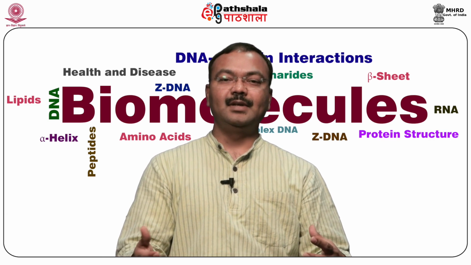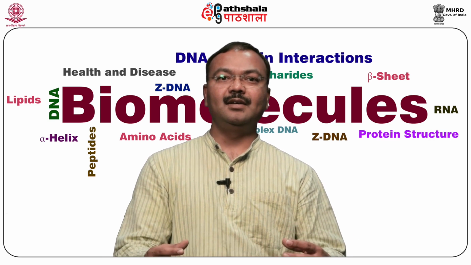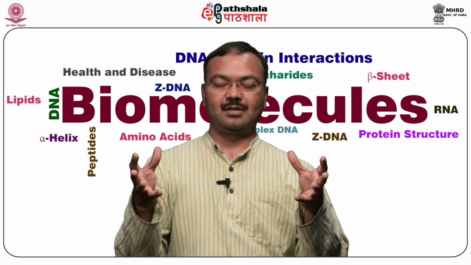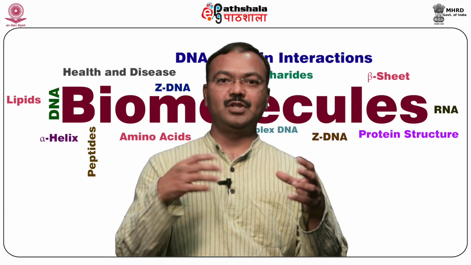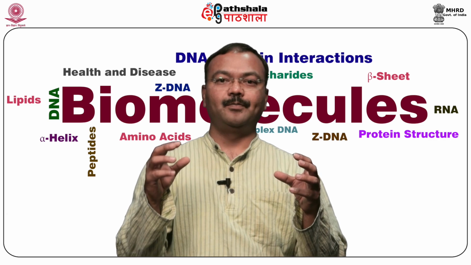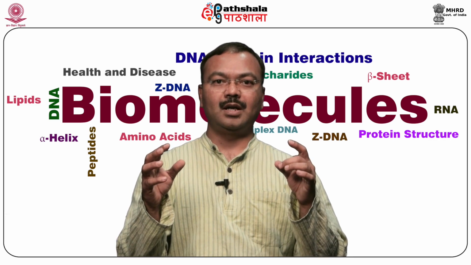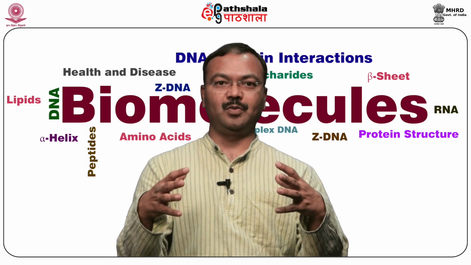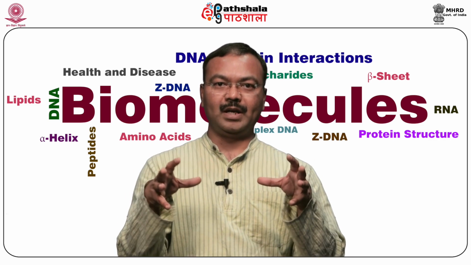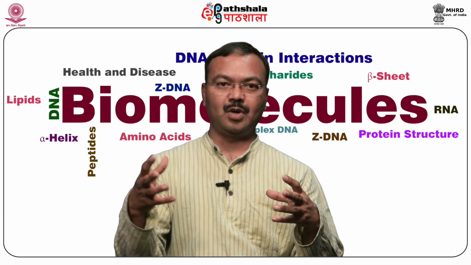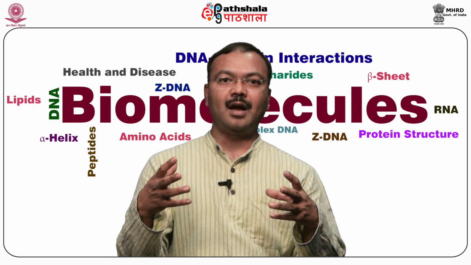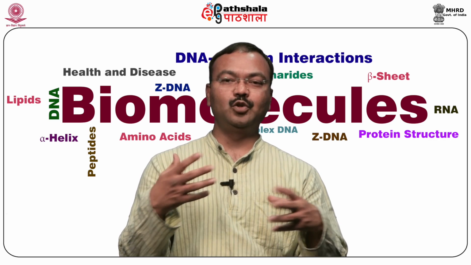Structure of G-actin. As I described in the earlier slide, G-actin has 4 domains, 1, 2, 3, 4. Domains 1 and 3 are larger, and 2 and 4 are smaller. All these 4 domains are stabilized by hydrogen bonds, salt bridges, and phosphate groups of ATP.